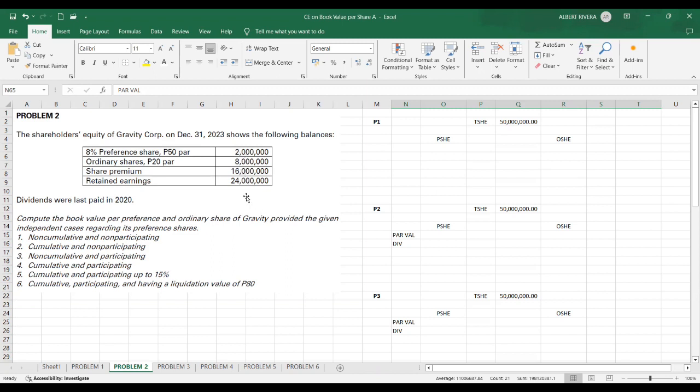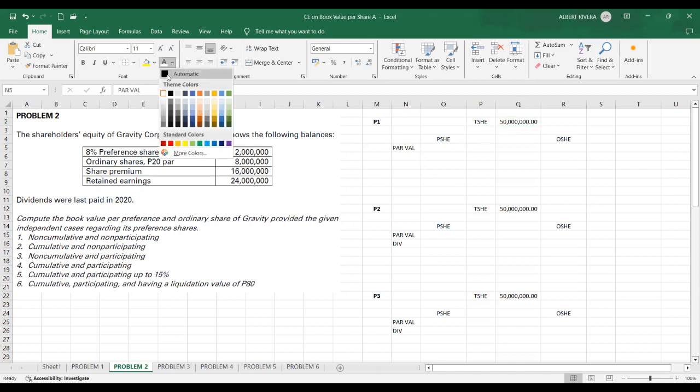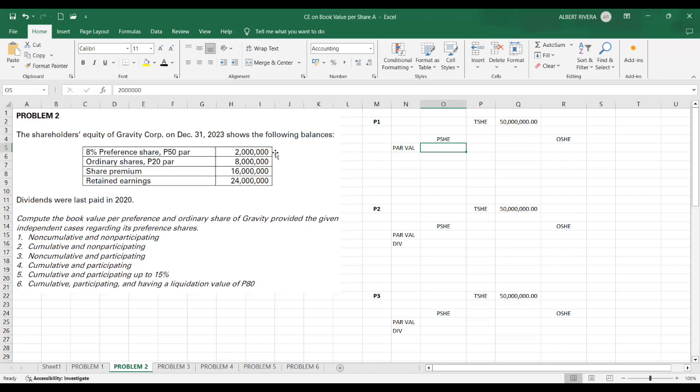Okay? The total stockholders' equity, 2 plus 8 plus 16 plus 24 is 50 million pesos. Okay? Follow the rules on allocation. Meron bang liquidation value? Wala naman. Kaya ginagamit mo yung par value. And the par value is 2 million pesos. Okay? Then, what amount of dividends would be provided to this preference stockholders' equity?